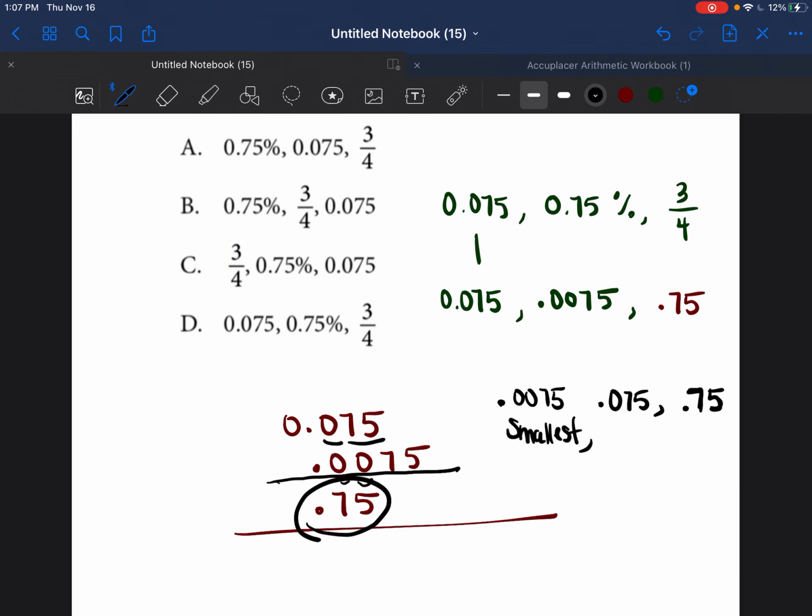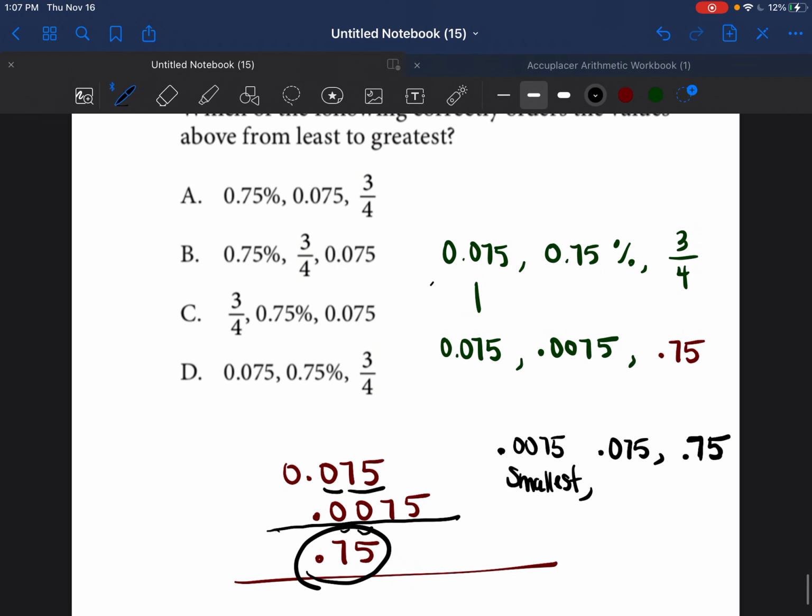And so now we just got to figure out what these were in their original form, because when you go to give the answer from least to greatest, if you look at the answers, they're back in their original form. So we just have to make sure that we put them back in the original form. So this 0.0075 was that 0.75%.